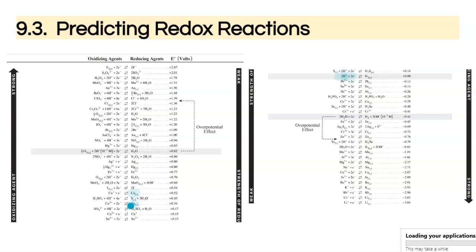And I don't see H+ in conjunction with any of the other species, so I think I'm okay with that. Now I do see Cl- over here in a couple of different spots, so I need to consider both of those. And last but not least, I need to consider water as both an oxidizing agent and a reducing agent. Okay, so I think I've got everything highlighted there.